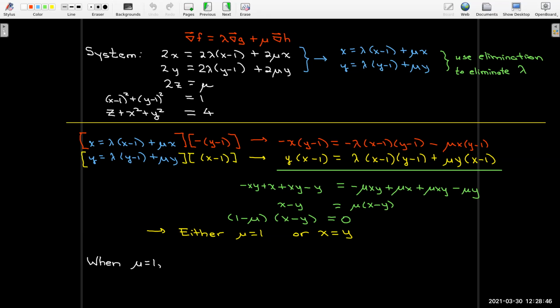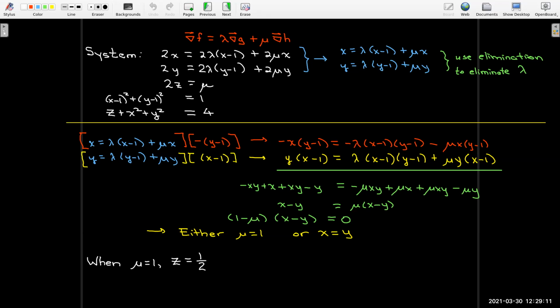So with mu equals 1, if I go to this third equation from the gradient condition, it gives me that z must equal 1/2. So when z equals 1/2, just thinking geometrically, for our line of intersection there should be 2 points.